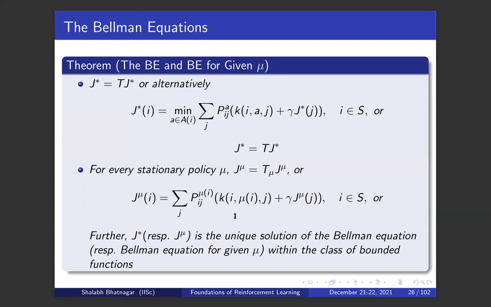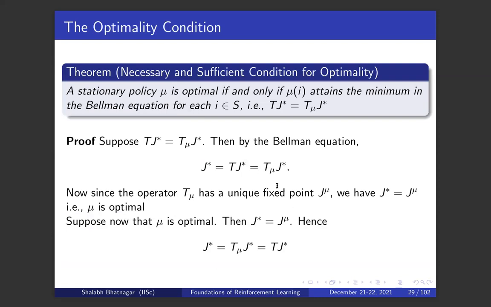So it turns out that J star and J mu are respectively the unique solutions to the Bellman equation, as well as the Bellman equation for a given policy mu, within the class of bounded functions. Now here is a necessary and sufficient condition for optimality. We say that a stationary policy mu is optimal if and only if mu of I attains the minimum in the Bellman equation for every state I, which essentially means that T J star is T mu J star.